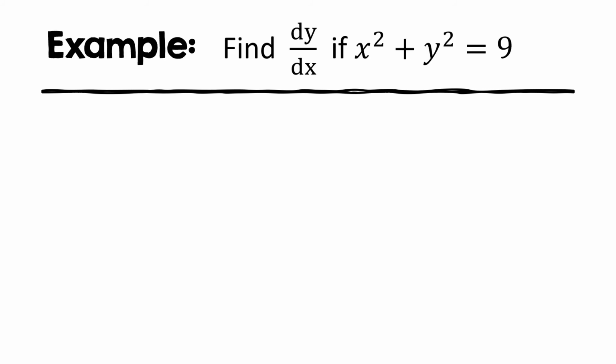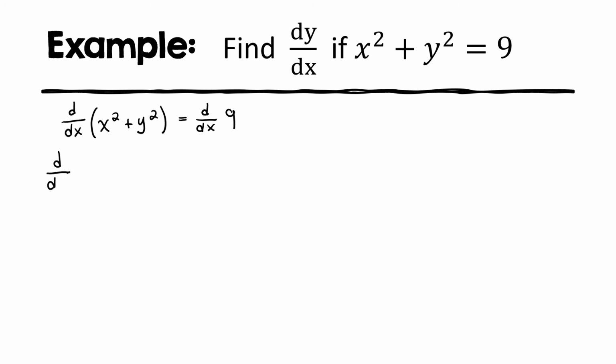So let's take a look at an example. We want to find dy dx if x squared plus y squared is equal to 9. So that means that we're taking the derivative with respect to x, d dx, of this x squared plus y squared, and that'll be equal to the derivative with respect to x of 9. So we can actually kind of distribute this d dx.